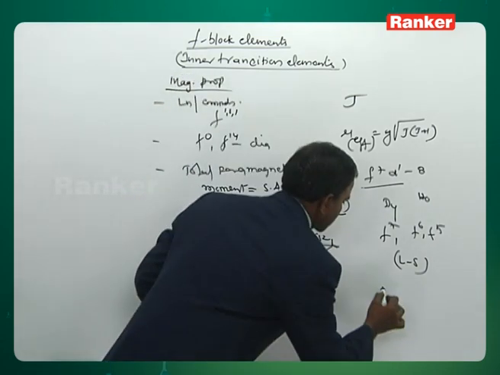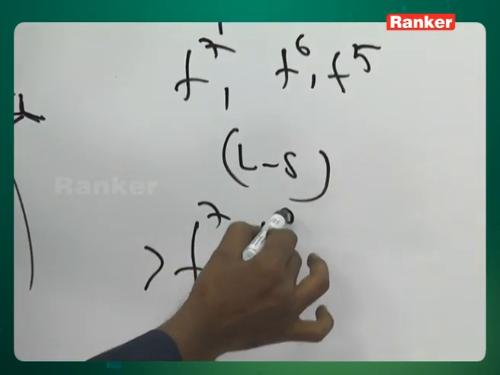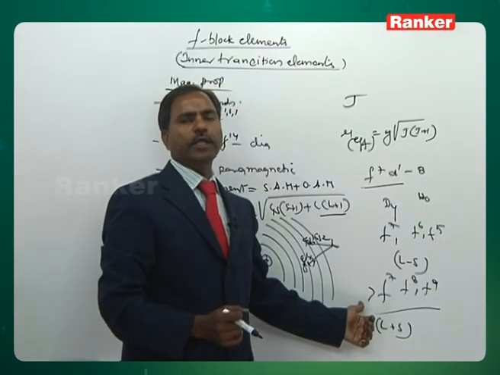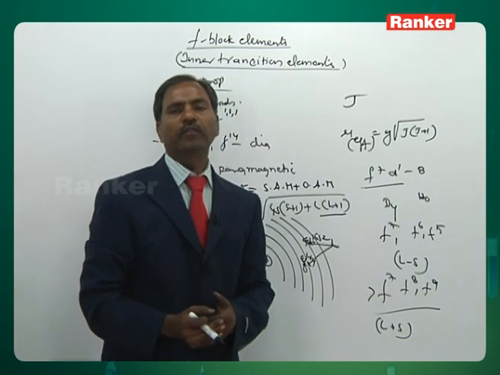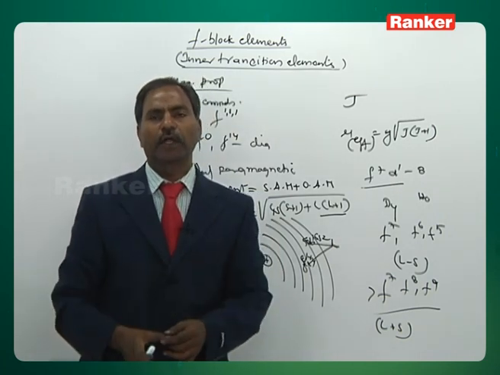Whenever the f sub shell is more than half filled, consider f7, f8, f9, then the spin angular moment and orbital angular moment work in the same direction.